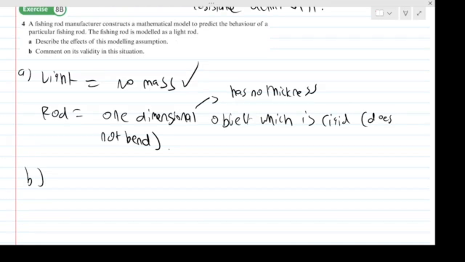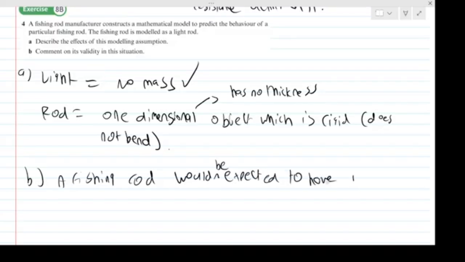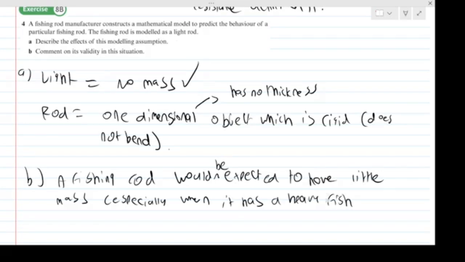You'd expect a fishing rod to have little mass anyway, especially when it has a heavy fish on it. So it makes sense for it to be lighter.